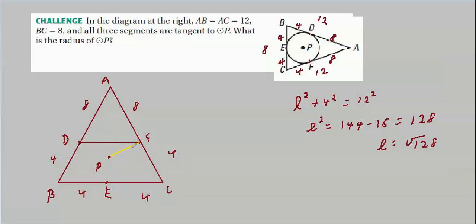This line is 2/3 of the line to which it's parallel. Remember that we started with the mid-segment theorem and showed that if we found the midpoint of this and the midpoint here and connected them, that line would be parallel. Because this is isosceles, that line would be parallel and would have the same proportion with respect to this line as the cut point did with respect to this line.